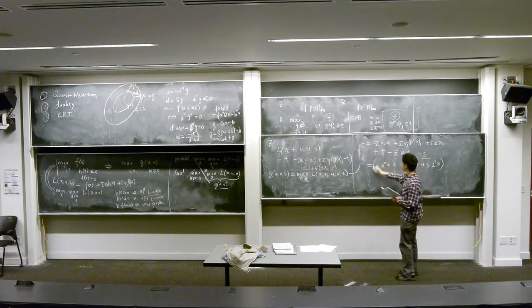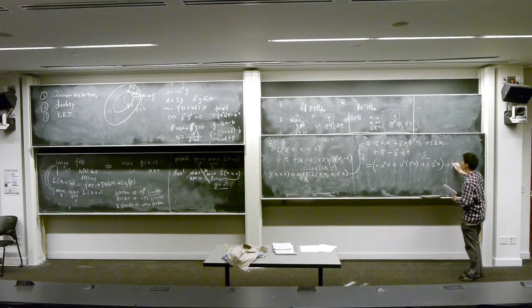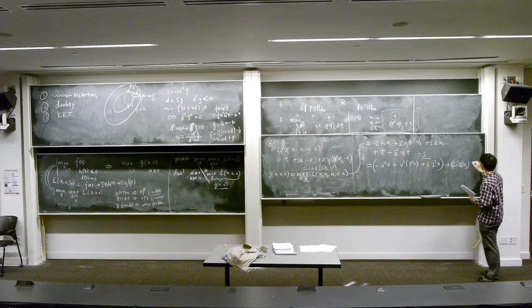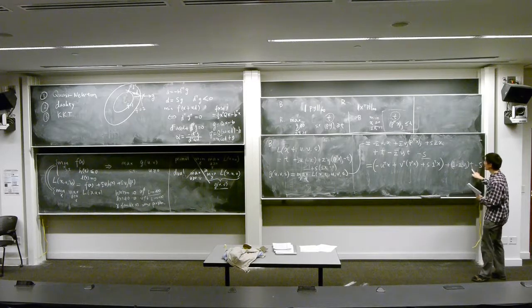This is all my terms involving x. I have a vector 1, number 1 minus sum of v_j times t minus s. So this is all my terms involving t.